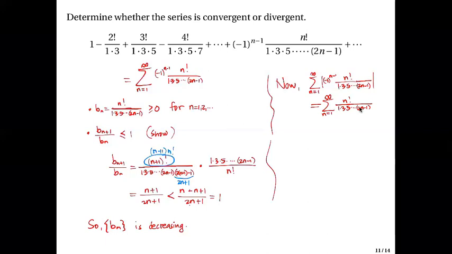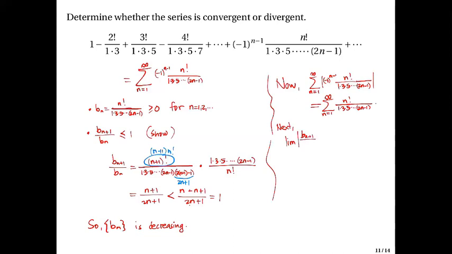If we show that this is convergent, then the original series is absolutely convergent because we use the absolute convergence test. To show that this is convergent, we use the ratio test. We want to find the limit of the absolute value of Bn plus 1 over Bn as n approaches infinity. I labeled that Bn, so I'm going to use Bn.